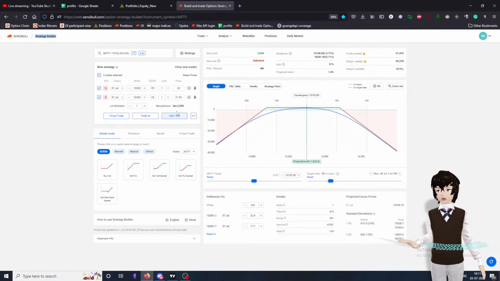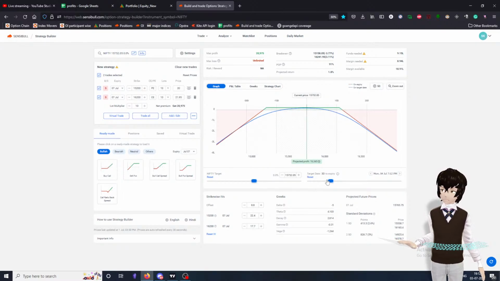So what's the problem with the strangle? The Greek called Vega is negative for strangles. Let's say you do 10 lots, because I'm assuming nobody's going to start selling options till they have like a 10 lakh capital. So you can see Vega is minus 1244.